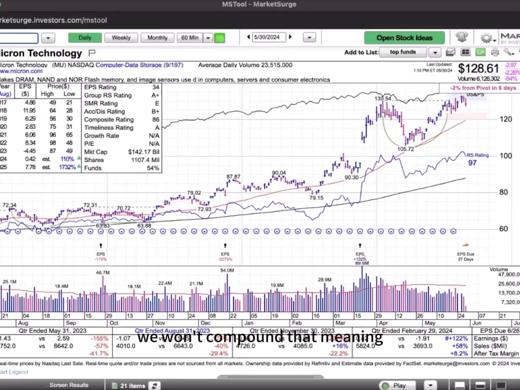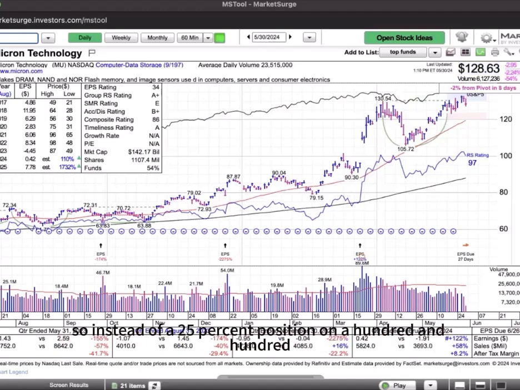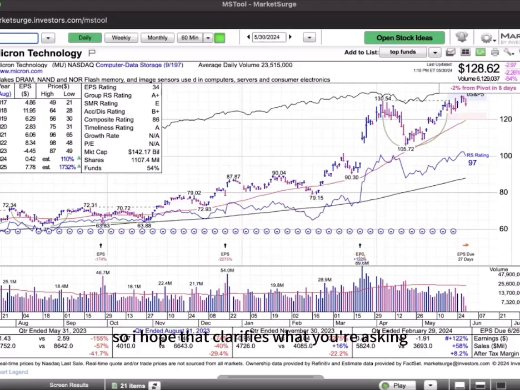We won't compound that, meaning we won't bump up our position percent size to that until we get a 10% gain booked on the portfolio. So instead of a 25% position on 100,000, now it'd be a 25% position on 110,000. So I hope that clarifies what you're asking there.